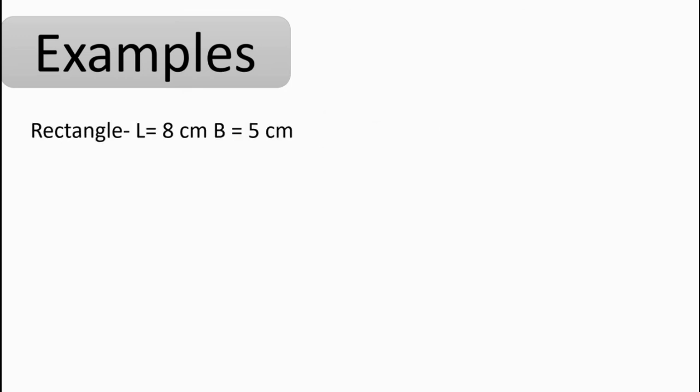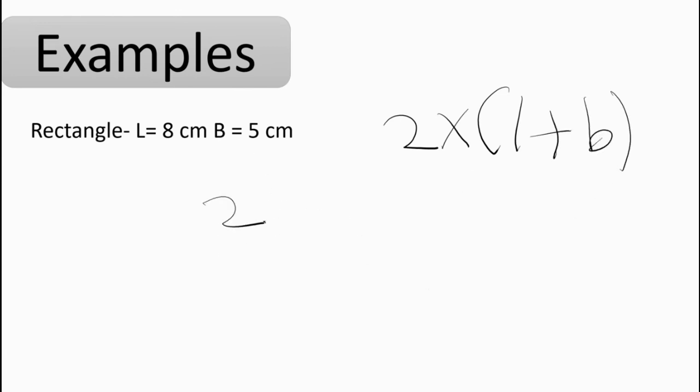Now here we have a rectangle with length 8 centimeter and breadth 5 centimeter. So our formula for calculating the perimeter of a rectangle is 2 into L plus B. Okay, so here it will be 2 into L, which is 8, plus 5, which is the breadth.